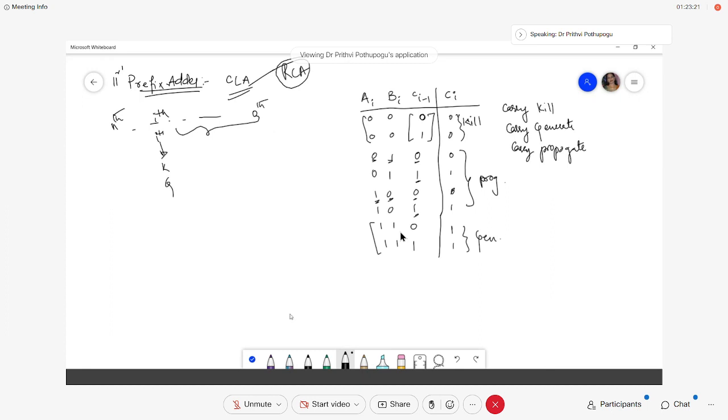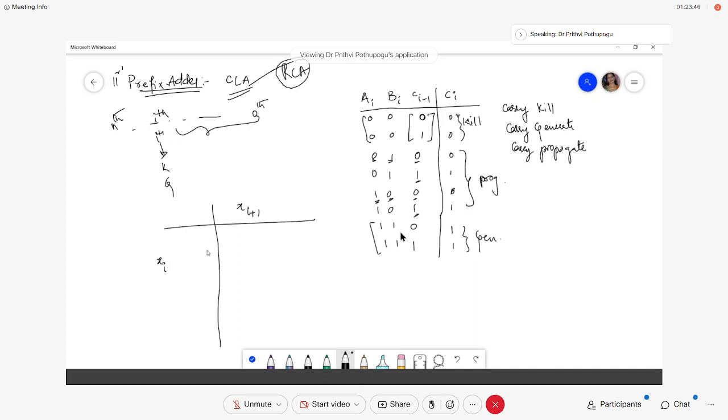So I can put this into this form. Say I'm taking x as the carry condition of the i plus 1th stage, the present stage, along with the x of the previous stage.